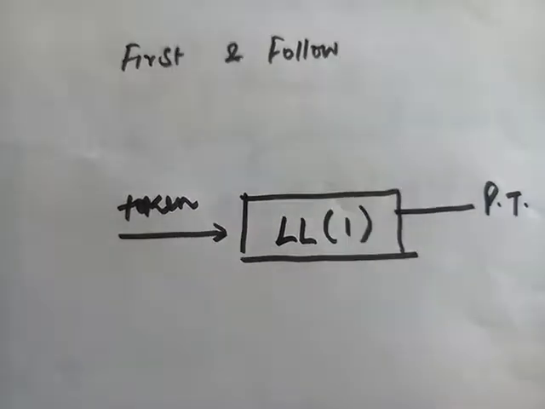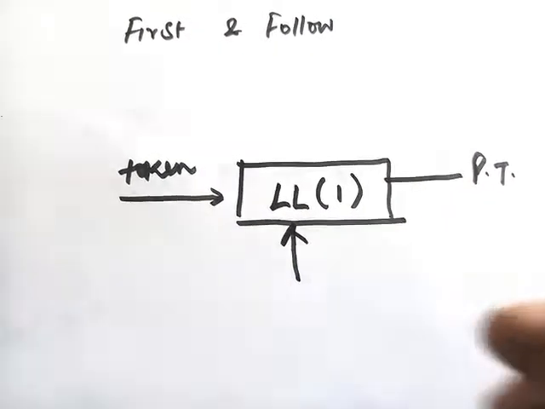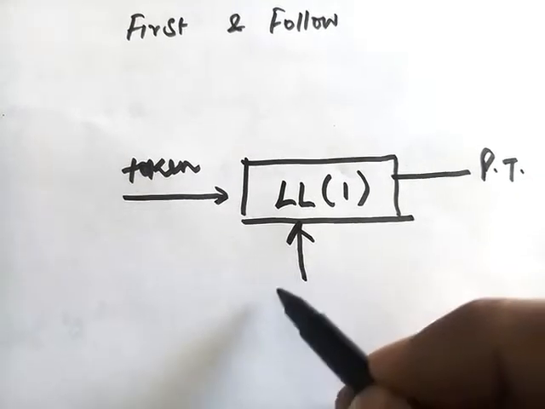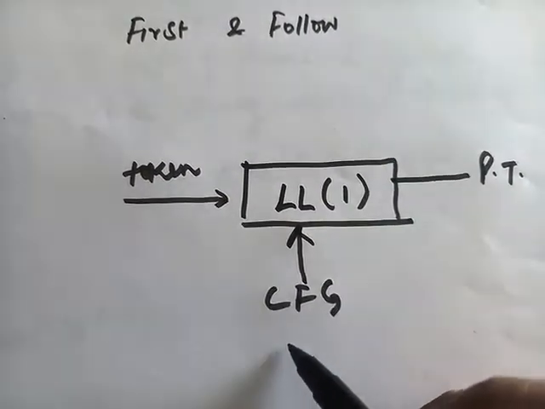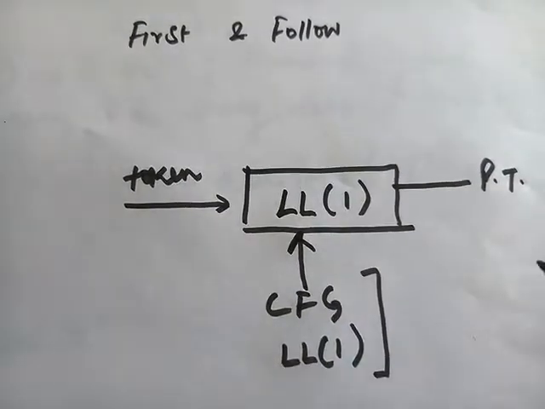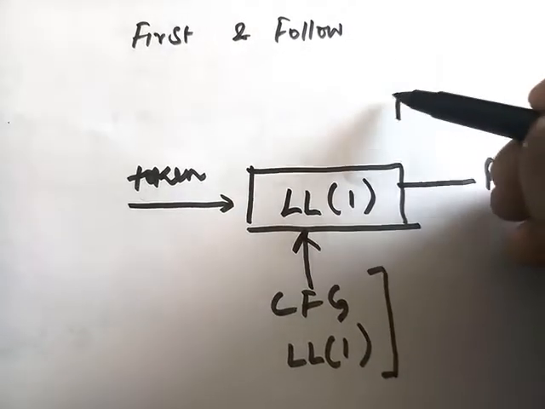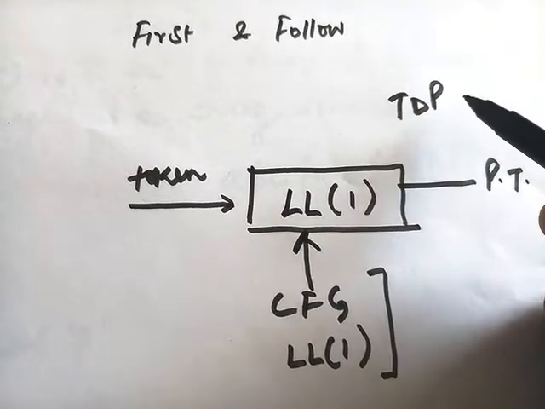It uses a grammar, and that is called a context-free grammar, or we can say an LL1 grammar also. And this parser is a top-down parser. Okay, so LL1 is a top-down parser.